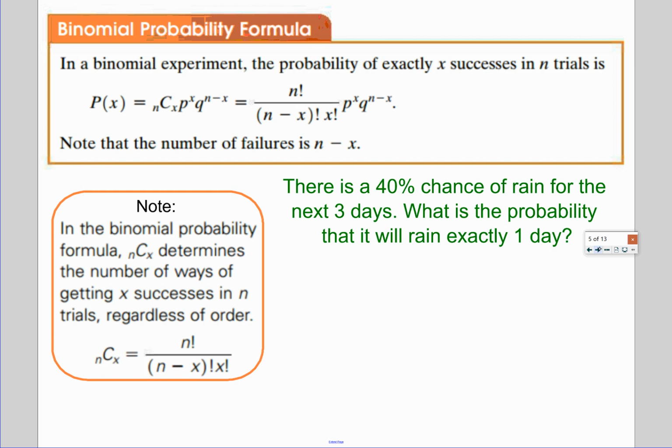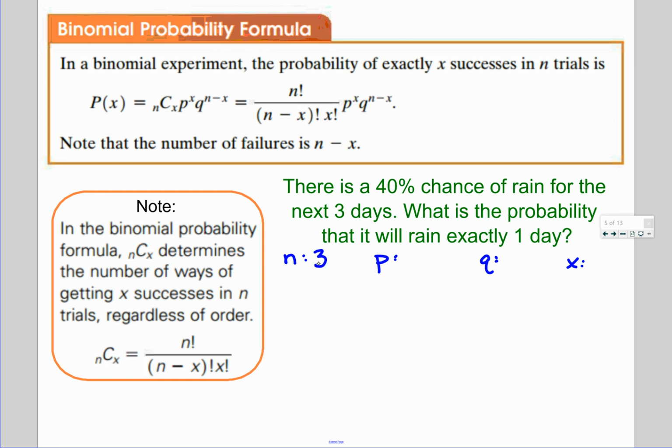Okay, so the little problem in the corner, you can see how this works. It says there's a 40% chance of rain for the next 3 days. What is the probability that it will rain exactly one day? So start by finding your N, your P, your Q, and your X, like we just practiced. What's N? How many trials are there? 3 days.